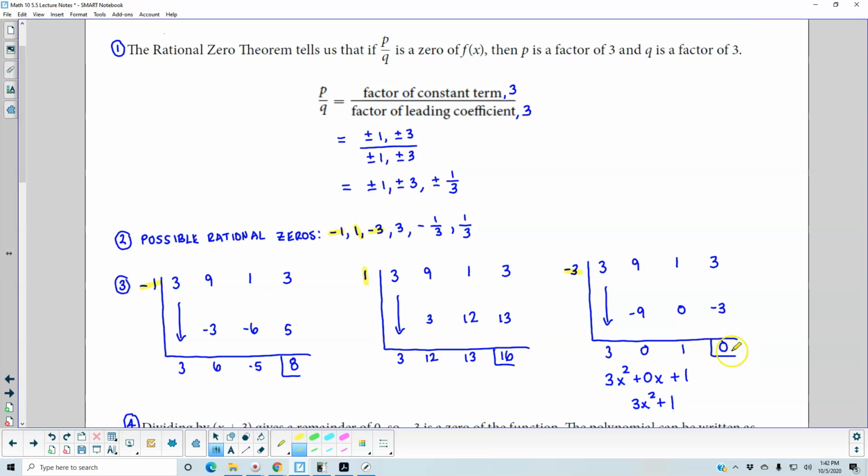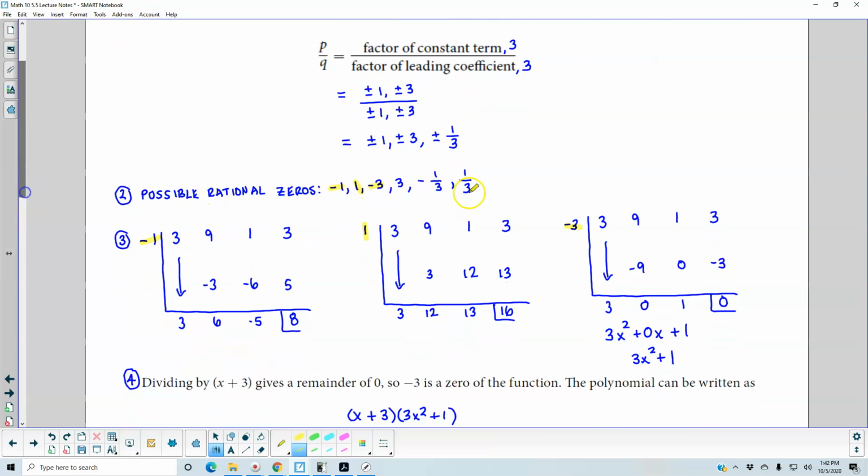So therefore we know that since we get a remainder of 0, then we can say that -3 gives us x plus 3, and that gives us a remainder of 0. So now we know that x plus 3 is a factor of this polynomial. So -3 is a 0 of that function.